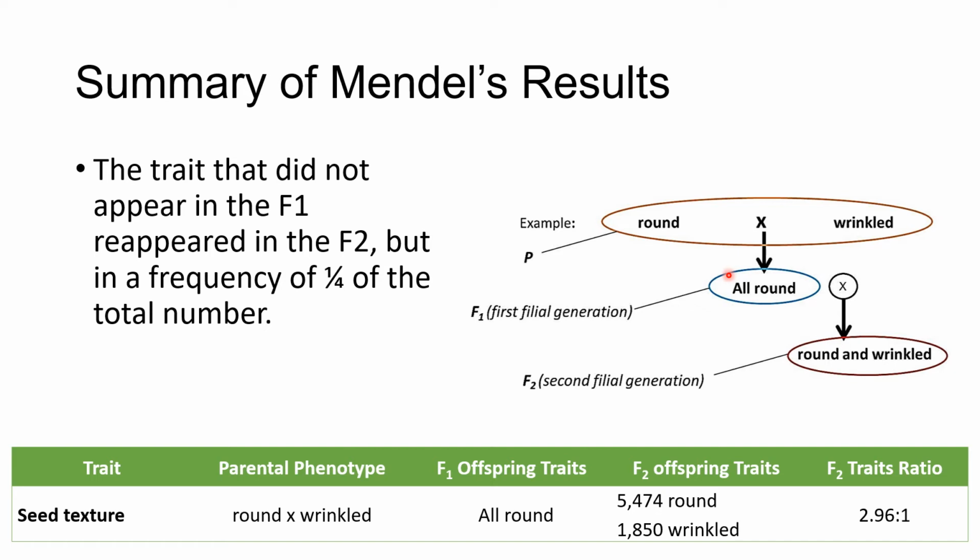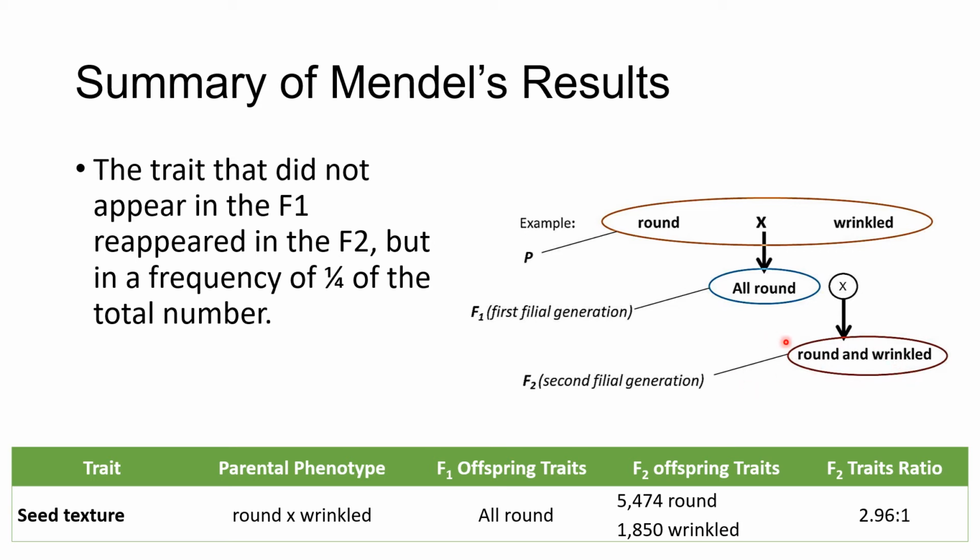Yung summary niya is that yung trait na did not appear in the first generation, in our example, itong wrinkled, reappeared in the second generation, but in a frequency of 1/4 of the total number. So 1/4 lang ng total number ng offspring doon sa second generation is nagpapakita nitong wrinkled.